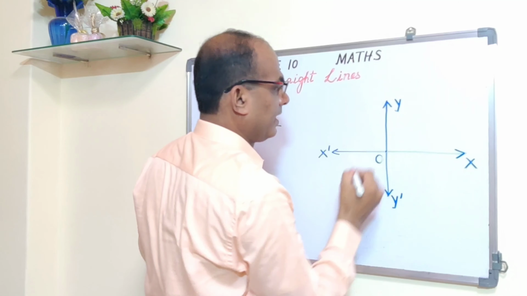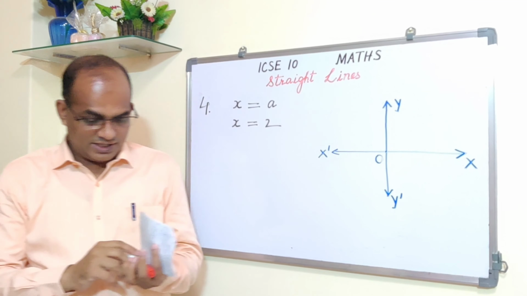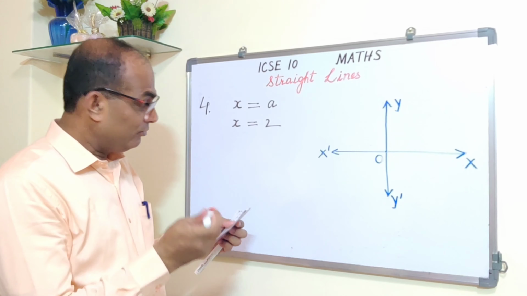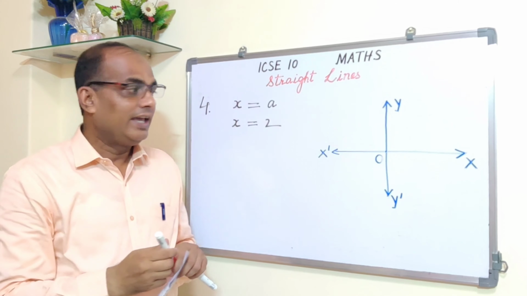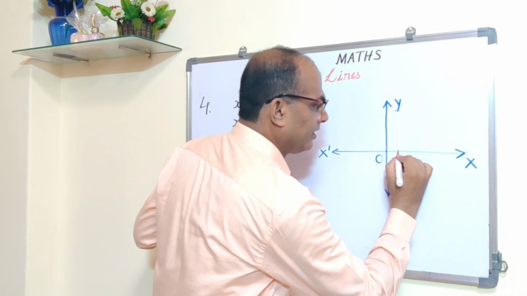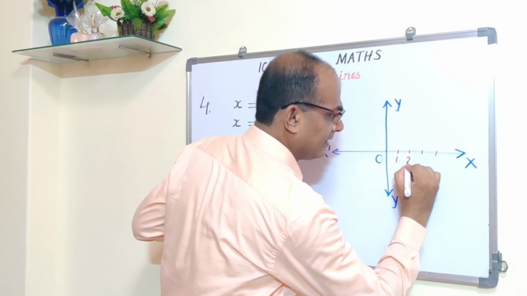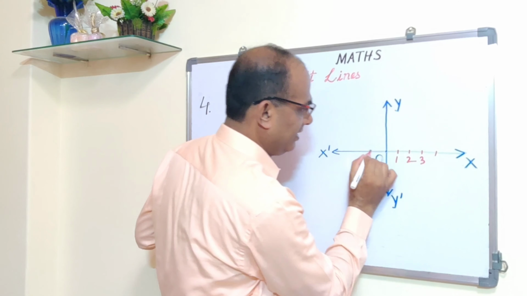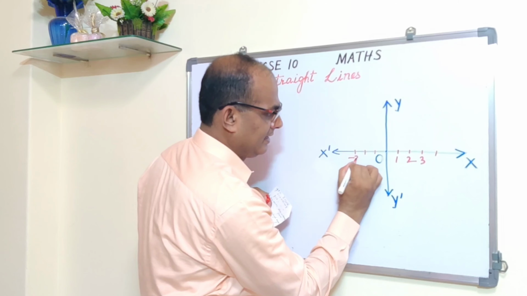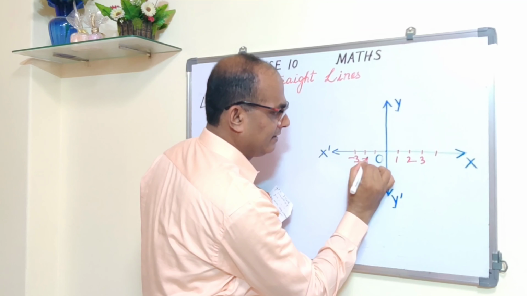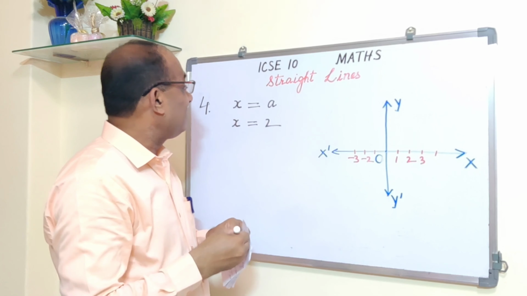Now we are going to talk about the line whose equation is x is equal to a. First let me talk about x is equal to 2, and then I'll explain to you the general form x is equal to a. Suppose this is 1, 2, 3, 4 like that, and this side minus 1, minus 2, minus 3 like that.